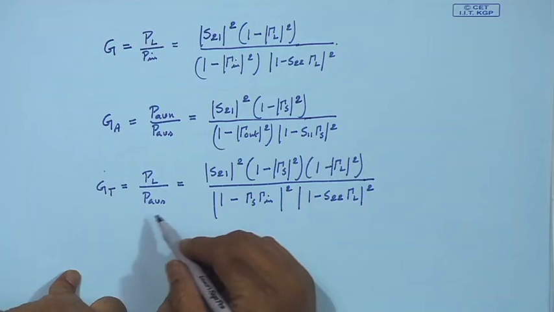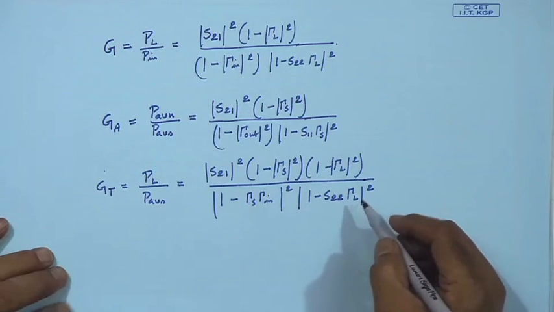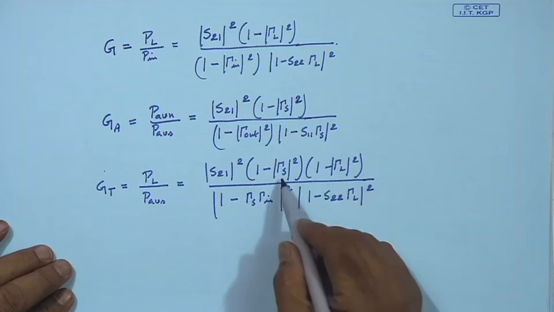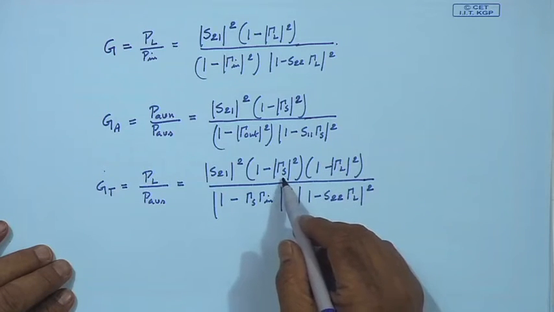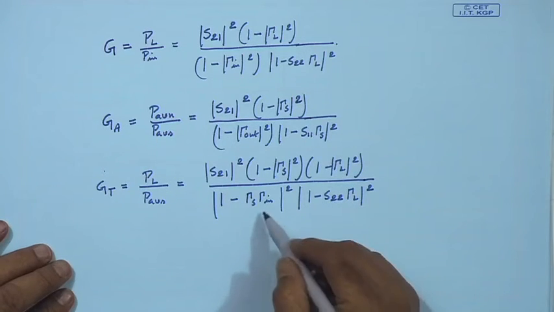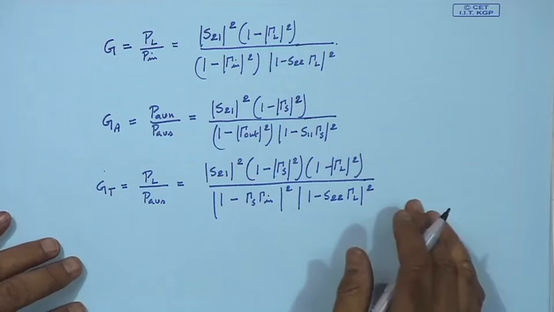as said. You see this transducer power gain is dependent on both load and source impedance. That is why it depends on both gamma S and gamma L, gamma in, everything is included here.